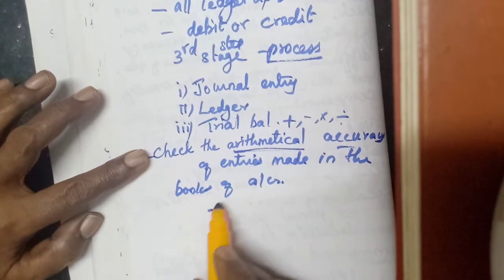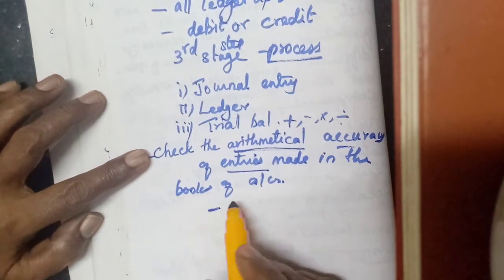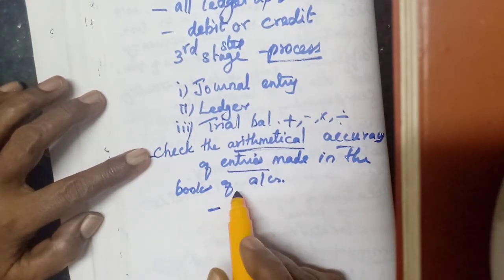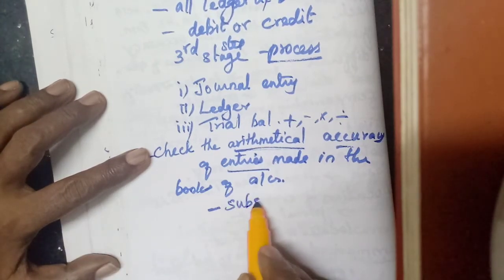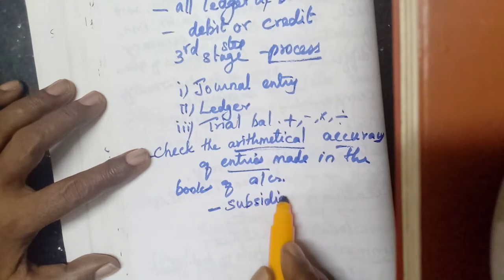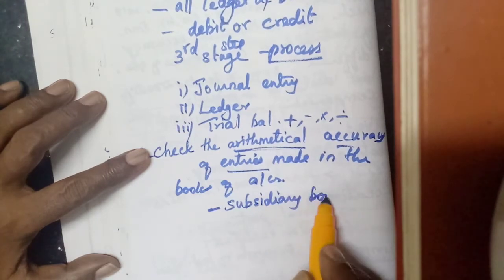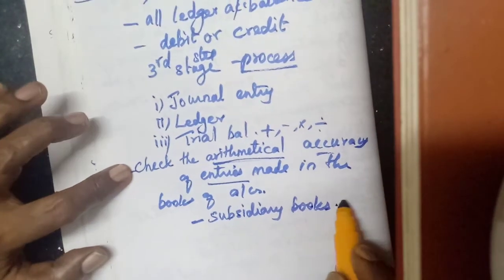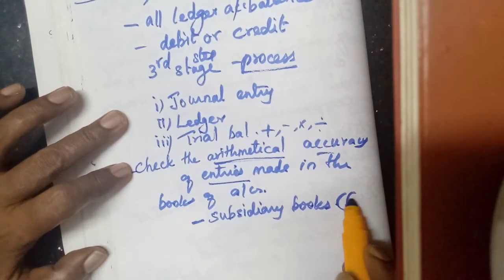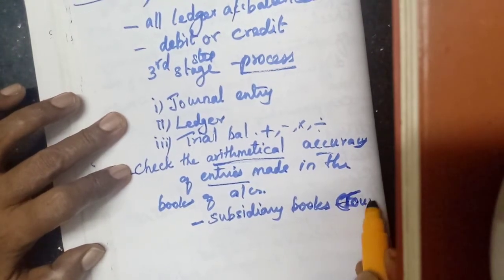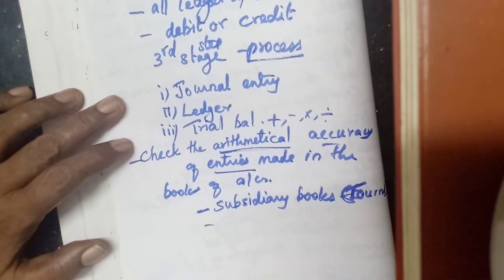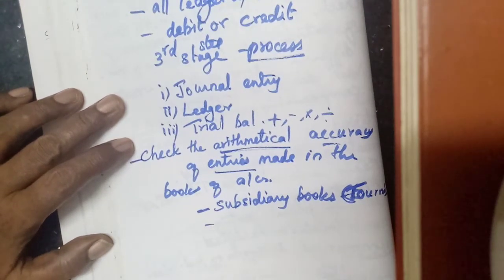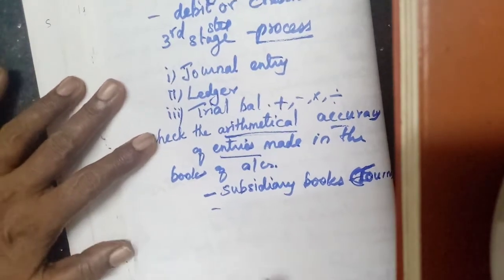So many entries we make, or instead of journal entries, we use subsidiary books that we are going to learn in the next lessons. So we enter many transactions in the subsidiary books or the journal entries.